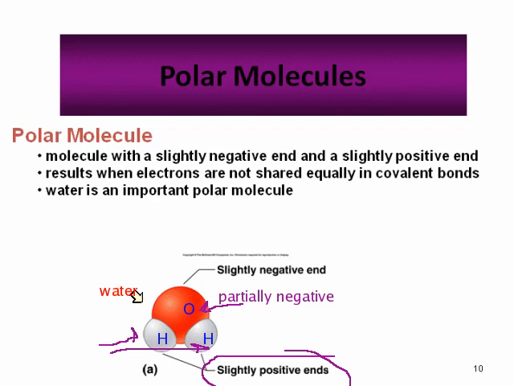In order for water to be able to dissolve anything, because keep in mind, water is the universal solvent. If you want to dissolve something, use water. And the reason why you use water to dissolve things is because it's polarized.